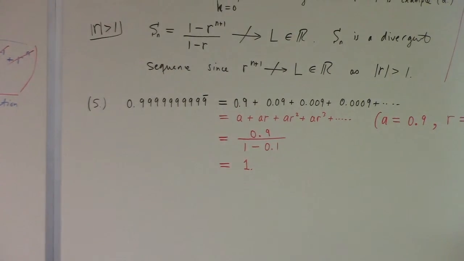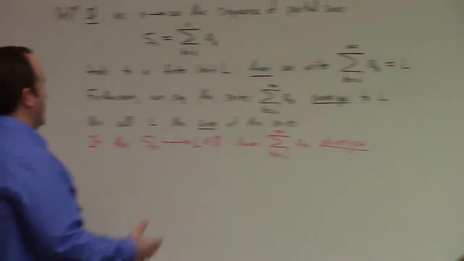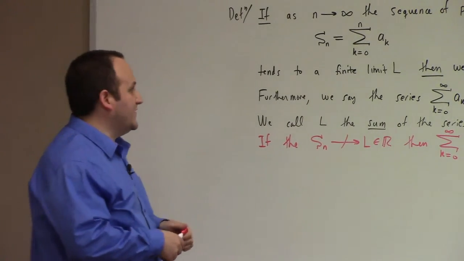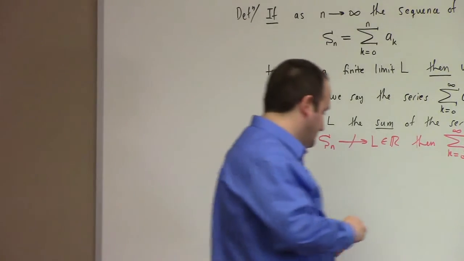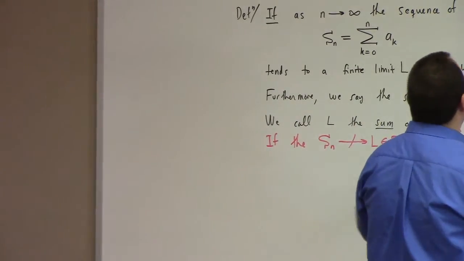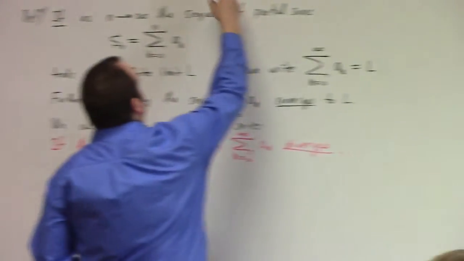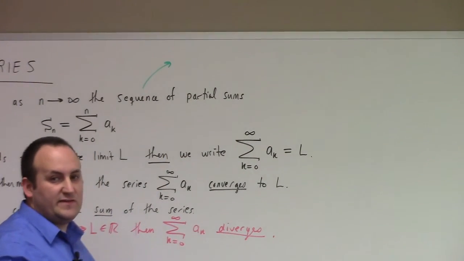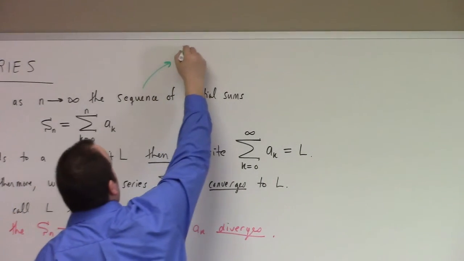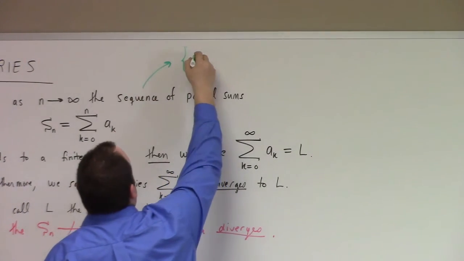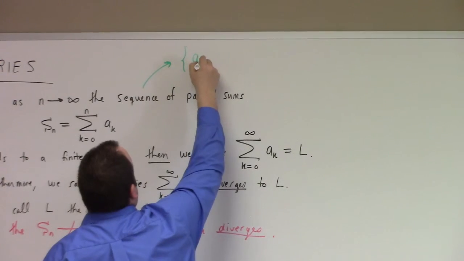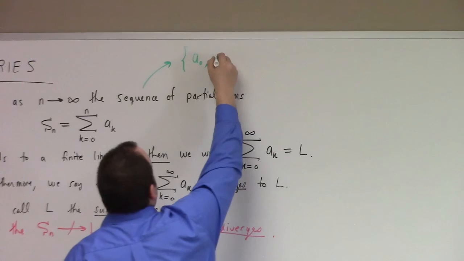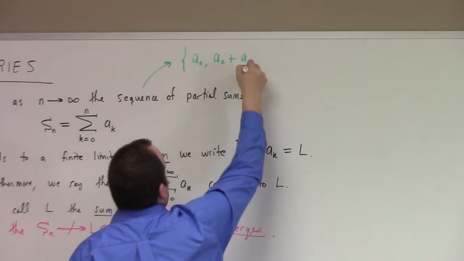So let's see here. This definition, what are we saying? What is the sequence of partial sums? I never actually wrote it out for you guys yet, have I? If you write it in terms of a list, what would it look like? The first thing in the sequence is A0, right? What's the second thing in the sequence? A0 plus A1, right?